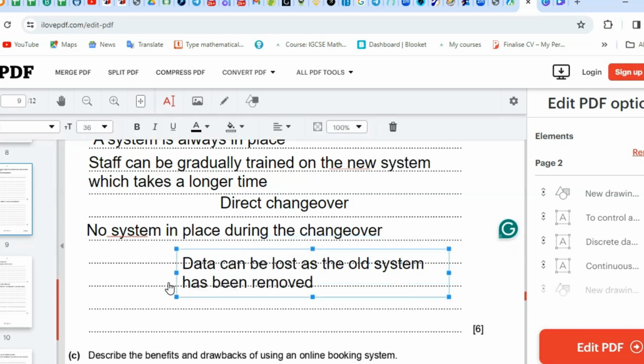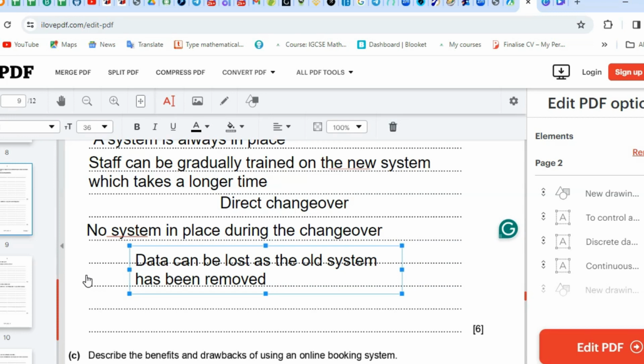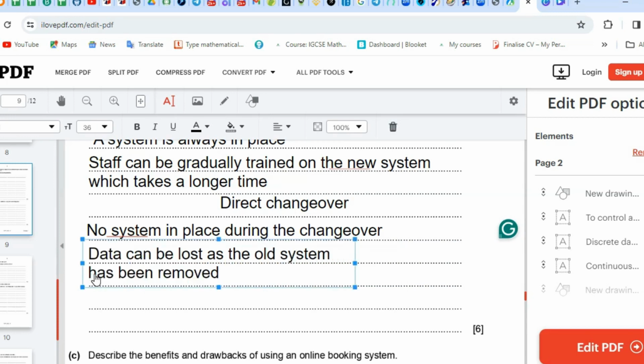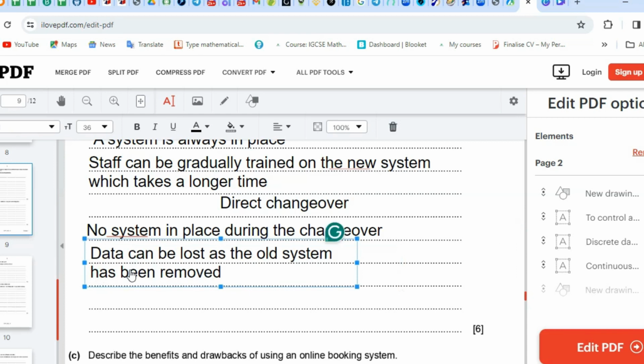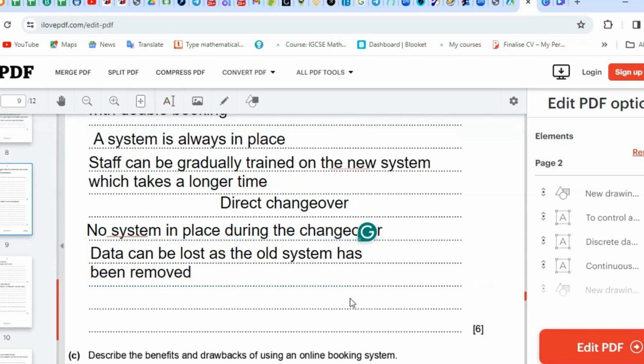So the third one for direct changeover: training takes place on a non-live system, which may mean problems can be missed. Their training takes place on a non-live system, and that means problems can be missed when you are not working with the live program.